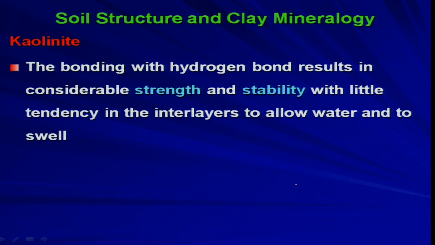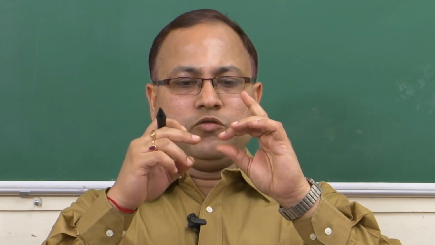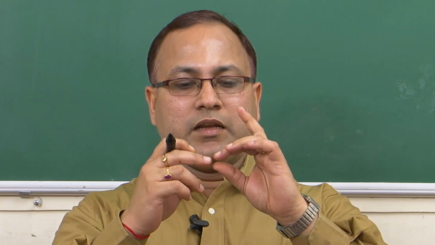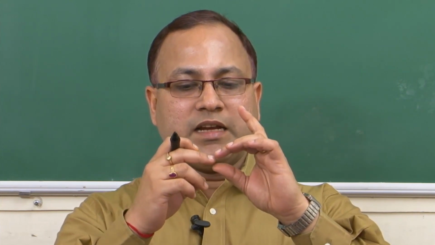So, it results in considerable strength and stability with little tendency in the interlayers to allow water in, and so to swell. That means the hydrogen bond is so strong that it will not allow any water to come inside the interlayer. If water got inside, you would get some volume increase, or swelling.